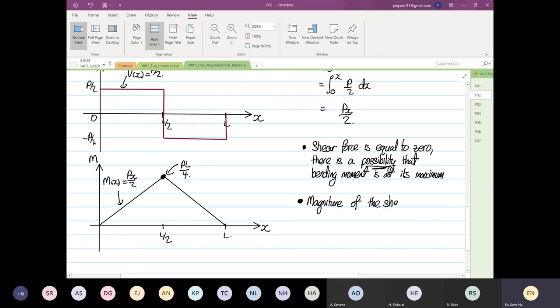No, the magnitude of the shear force is equivalent to the slope orientation in the bending moment diagram. Okay, it's equal to bending.